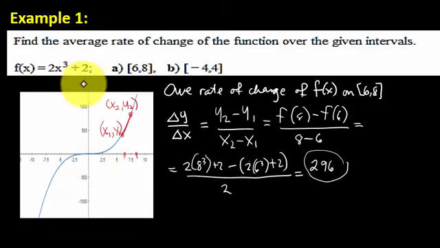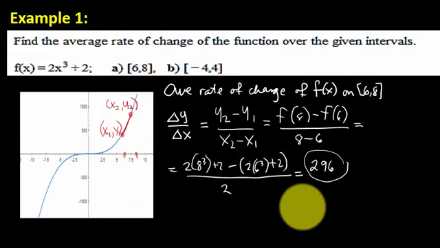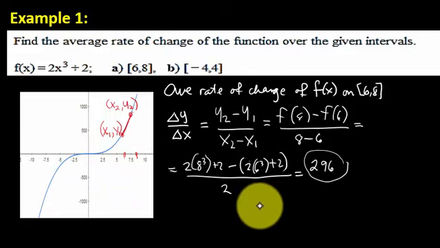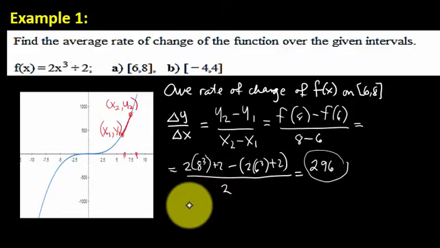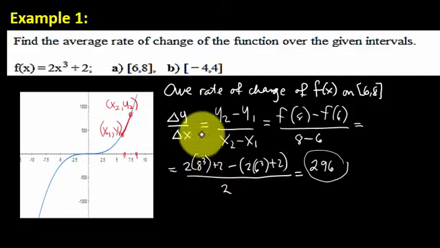The y-intercept is at 2, so you can't see 2 on a scale from 0 to 500. Okay, and the next video is going to be finding the average rate of change on the interval from minus 4 to 4.